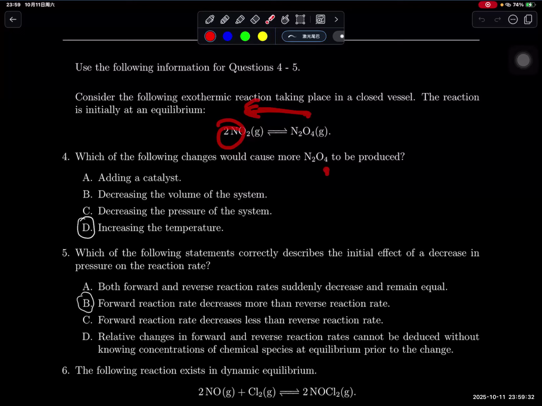Well, actually, let me look at it again. Which of the following describes the initial effects of a decreasing pressure? Decreasing pressure will decrease the reaction rate for both reactions, but the forward rate decreases more than the reverse rate. So as a net result, the reaction goes backward. Okay, so it's B.